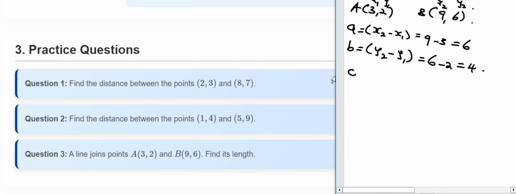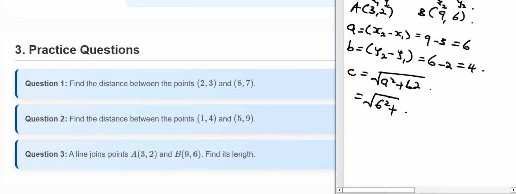So C, which now becomes our distance, can be given by the square root of a squared plus b squared, which becomes the square root of 6 squared plus 4 squared. So it becomes 6 squared is 36 plus 4 squared is 16.